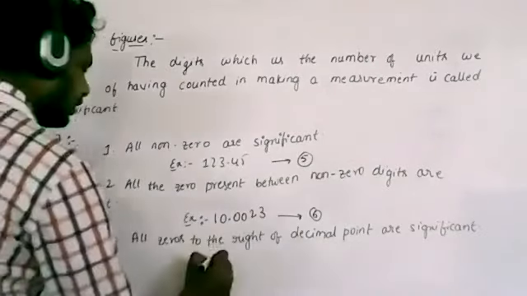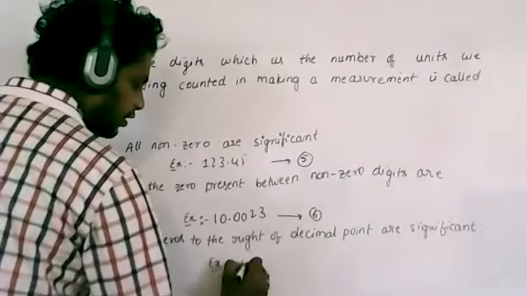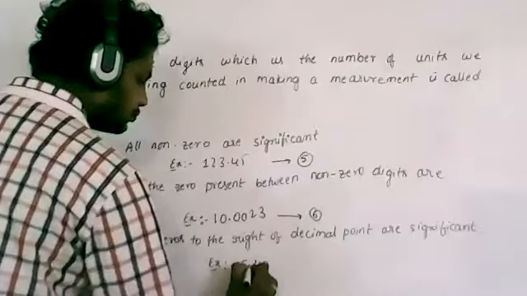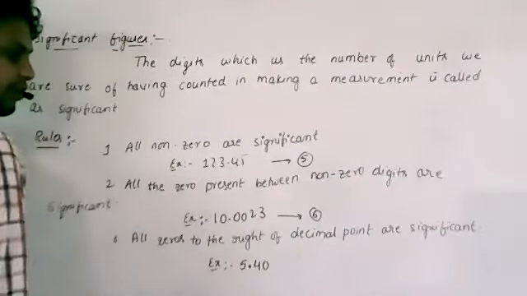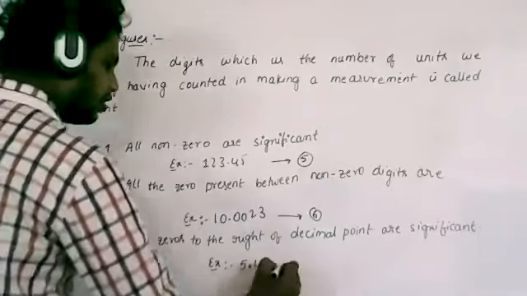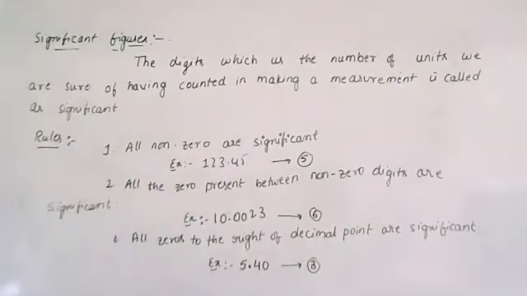For example, I'll take the value 5.40. Here the zero is present to the right of the decimal, so it is significant. How many significant figures are there here? 3. And we'll go for the next rule.